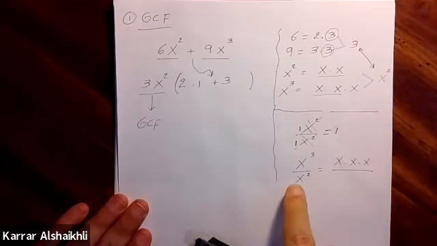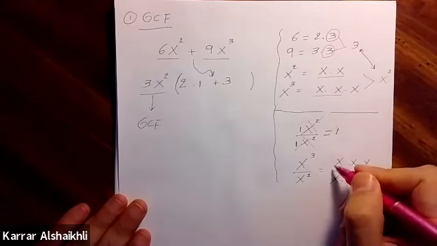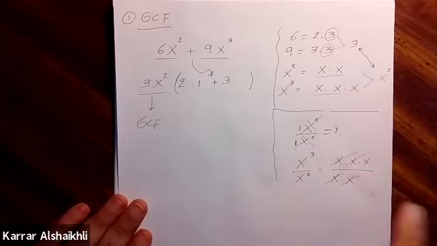Here's 1, 2, 3. How many x's do we have on the bottom? 2. Let's cancel the x's. Cancel this one with this one. Cancel this one with this one. What's the leftover? 1x, or just write down the x here.